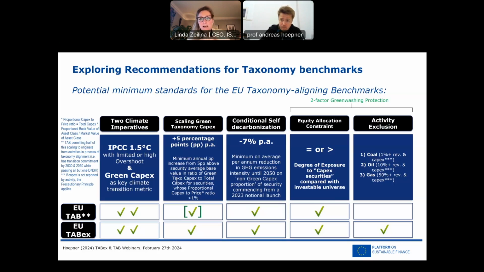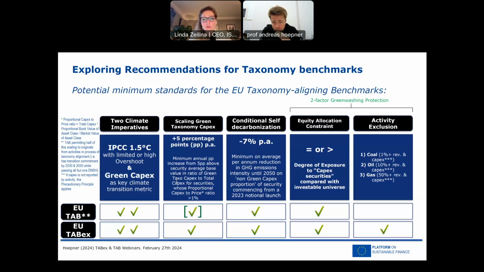Fantastic. We actually have a question that I think is either the same or very similar from the morning session. The TABEX, so the exclusion, taxonomy-aligned benchmarking, does not include among exclusion criteria companies whose main activity is electricity production, despite the fact that the carbon intensity of electricity production cannot be compatible with the Paris Agreement targets above a certain GHG intensity.